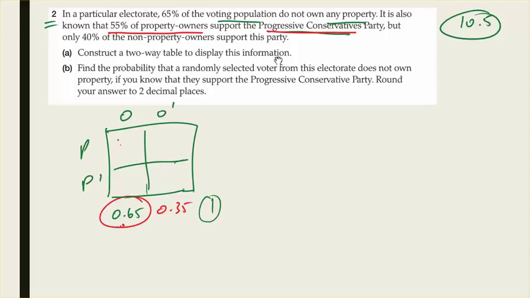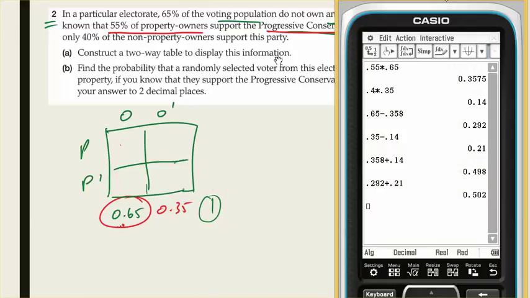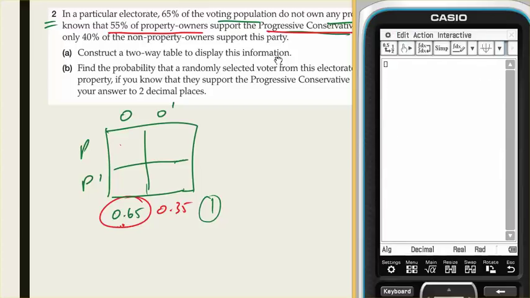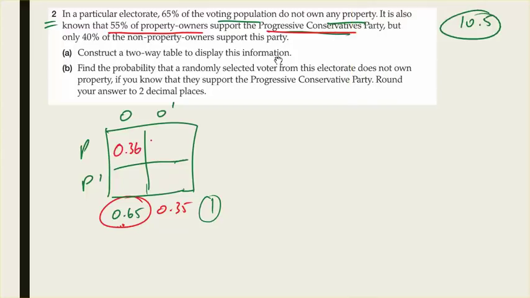So we're essentially trying to find what 55% of 65% is, because that is the percentage of people who are property owners that support the party. And I get 0.36, rounded to 2 decimal places.